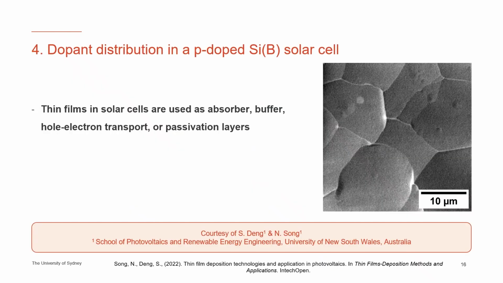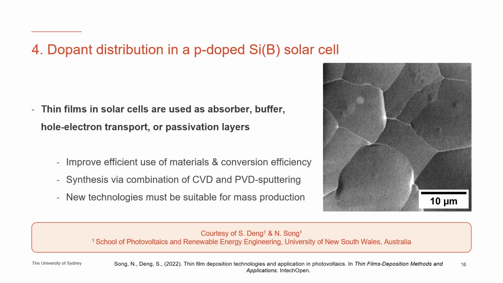My fourth and last case study I would like to share today is on the boron dopant distribution in a solar cell. This is a thin film solar cell, as you can see on the right-hand side. Here, thin films are often used in different sequences as absorber, buffer, hole and electron transport, or passivation layers. There are several advantages to these devices, for example, the efficient use of scarce materials and improving the conversion efficiency.